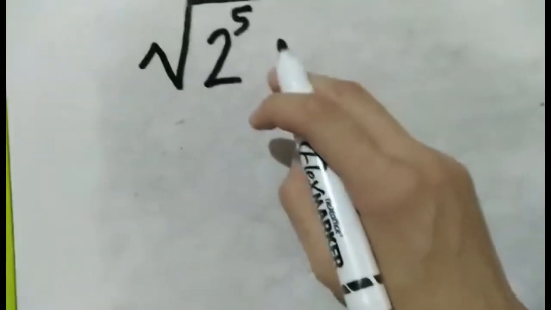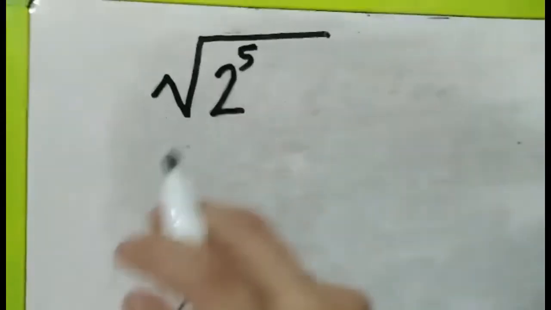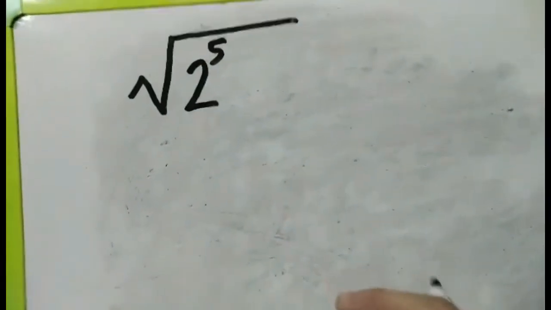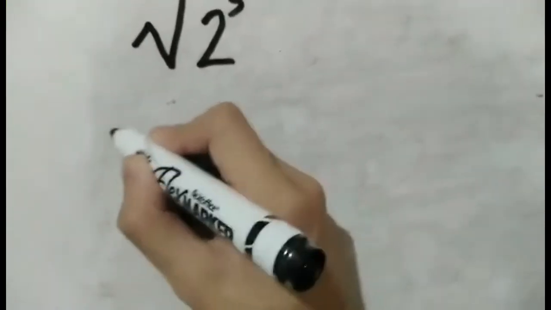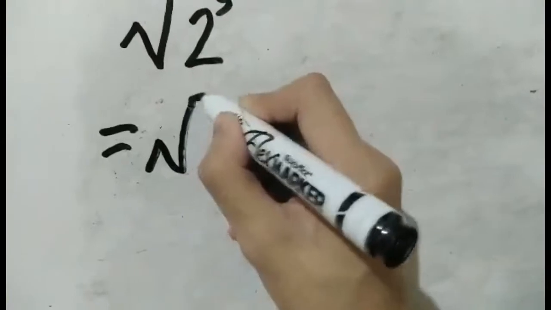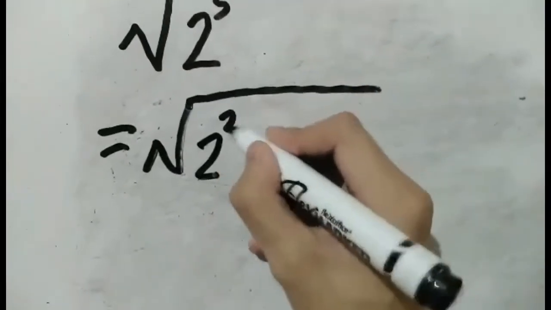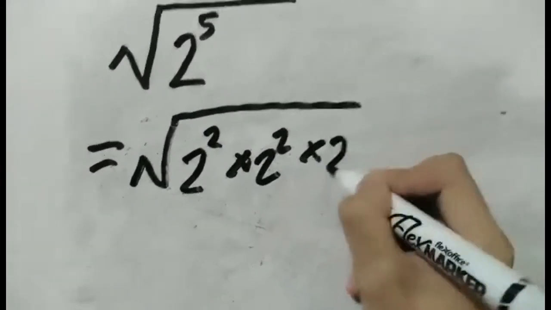Well, this tells us that there's 5 2's, and since the index is 2, we need 2 2's. So what we can do is split this up to 5. We know that 5 is equal to 2 and another 2 and a 1.